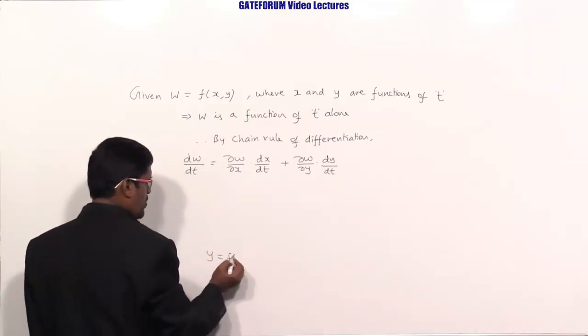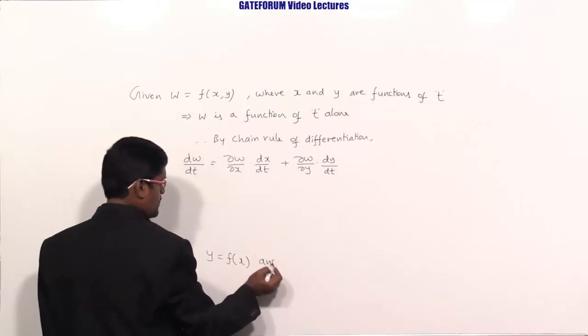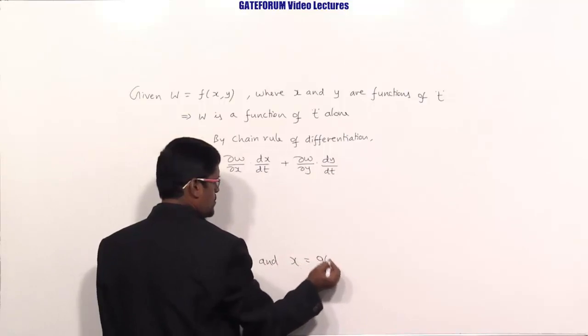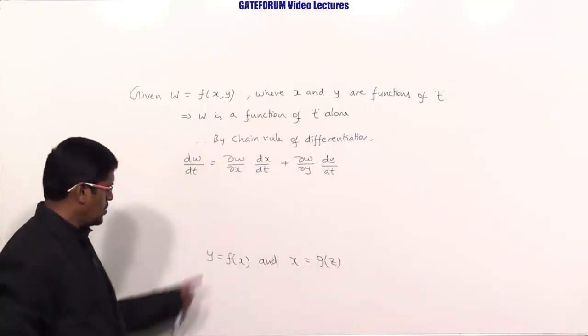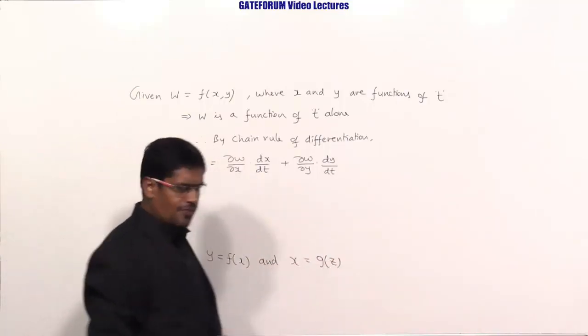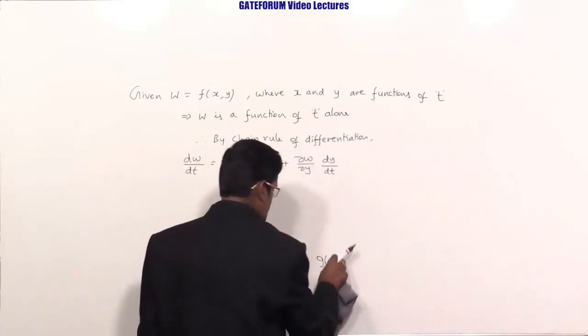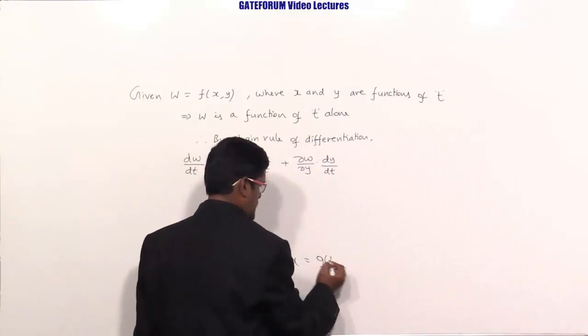Y is equal to f of x and x is equal to some g of z. What is this meaning? Y is a function of x, which is a function of some z. Or x is a function of some t.